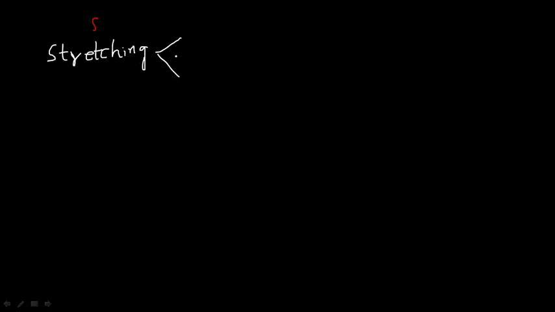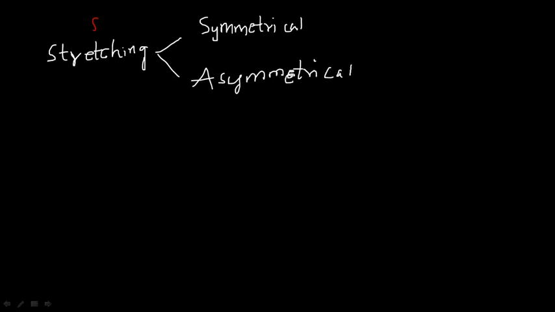The types of stretching vibration are symmetrical stretching and asymmetrical stretching. So totally two types of stretching vibrations are possible: symmetrical stretching and asymmetrical stretching. Now let us see symmetrical stretching.